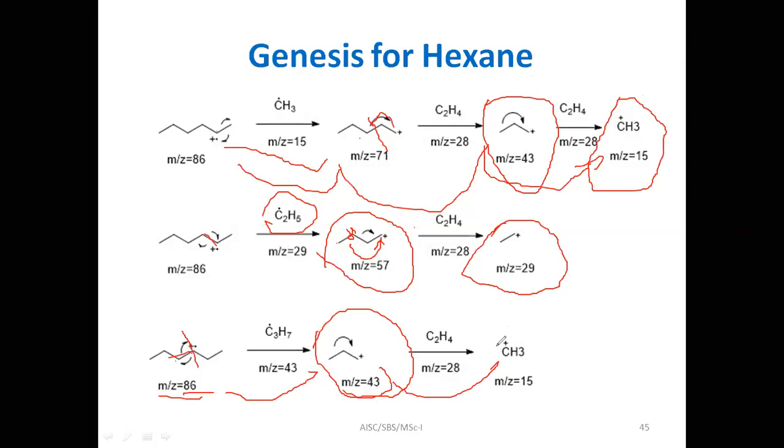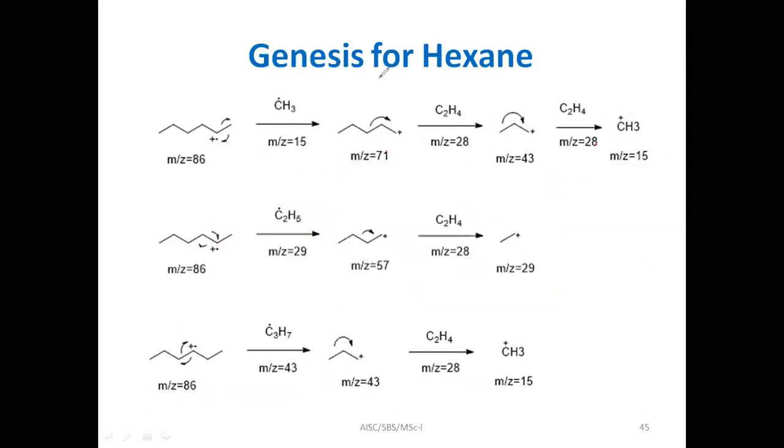So breaking from the molecular ion, the parent ion, to a daughter, the daughter will undergo fragmentation, giving a new positively charged fragment. Or the molecular ion breaks from another carbon-carbon bond and gives that daughter ion directly. Likewise, this is the fragmentation for hexane.